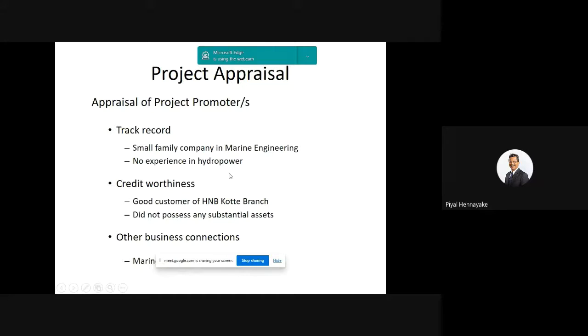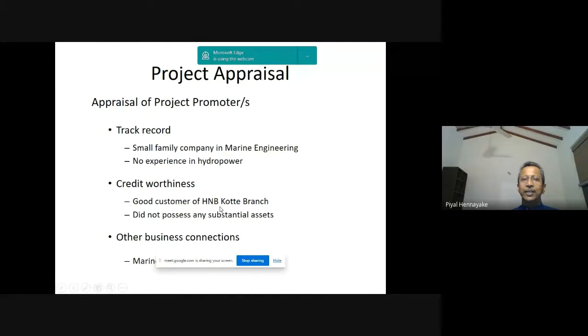A small family company in marine engineering, no experience in hydropower. And you can't find experience in hydropower other than Vidya Shilpa, who did the hydropower project before the scheme came in, when the World Bank's credit line came in. Then the creditworthiness: a good customer of HNB Kotte branch, but did not possess any substantial assets.